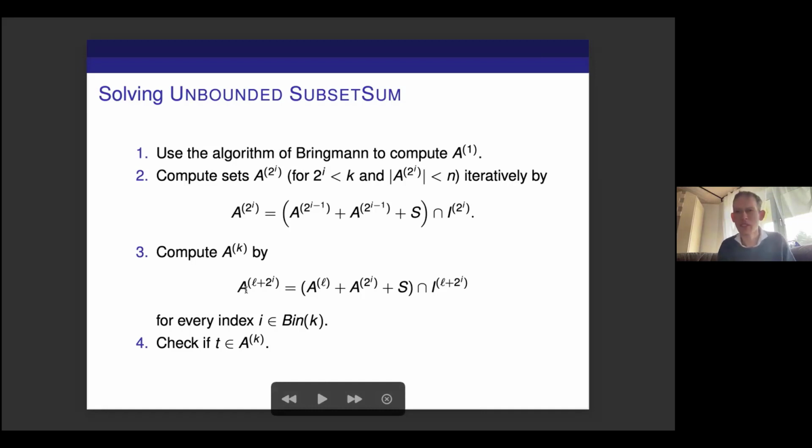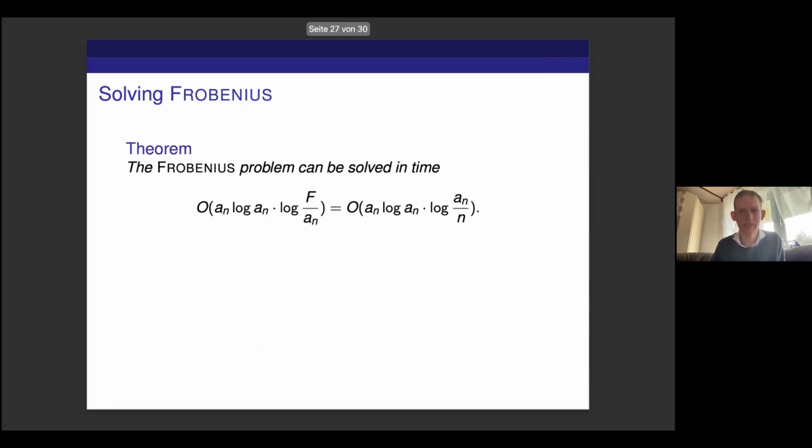And we can do that in a binary exponentiation fashion. And the idea of doing it that way is good because now we can also solve the Frobenius problem in near linear time. That was not known before. I think there were no real algorithms that considered the Frobenius problem parameterized by AN. At least I'm not aware of any.